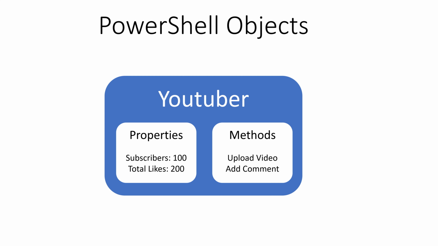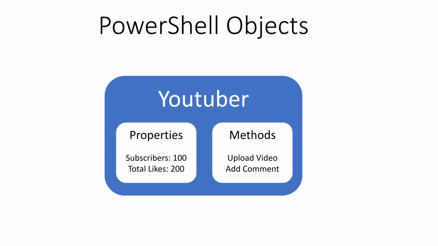Now, each YouTuber can have properties associated with them, such as the number of subscribers, the total likes, etc. And each YouTuber has methods available to them, so they can upload videos, they can add comments, they can delete comments, and various other methods at their disposal, such as editing the video, changing the audio, and a plethora of other methods.